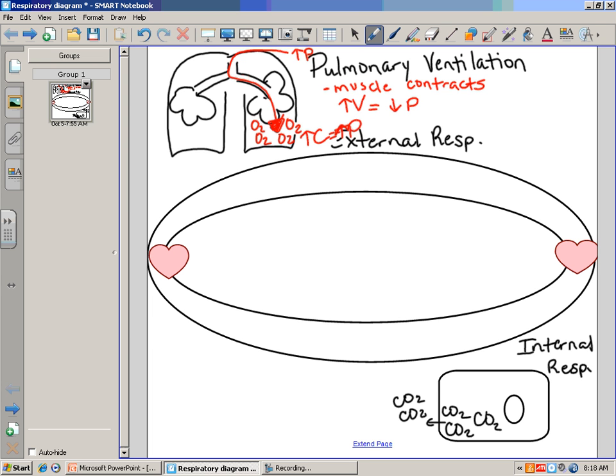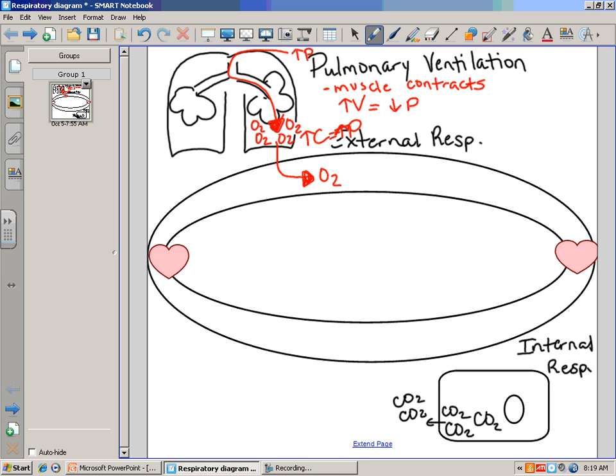So that means we have more oxygen in the lungs. If you have a high concentration of oxygen in the lungs, you have a high pressure in the lungs. Since the pressure is high in the lungs, the air flows from the lungs to the blood. So it goes from the lungs to the blood.